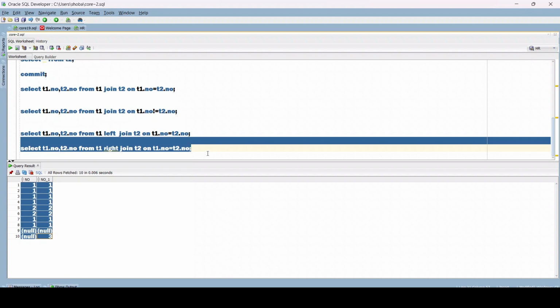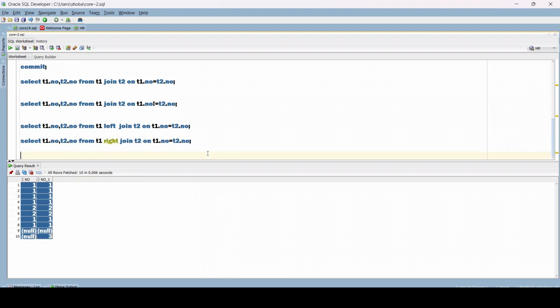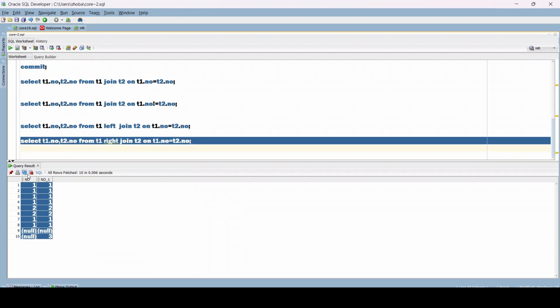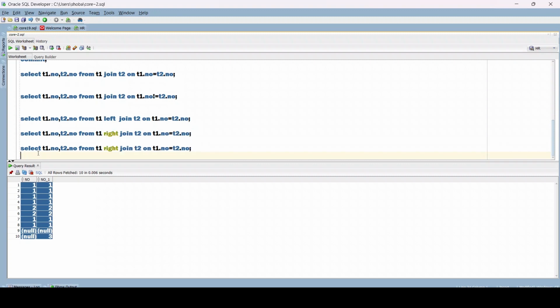One more way we can write it is with the help of the plus conditions for left and right. Whenever you are using the right join or left join keywords, instead of using those you should use a comma, and whenever you use that comma you want to use where. Where t1.number, here you want to use a plus, plus 1.